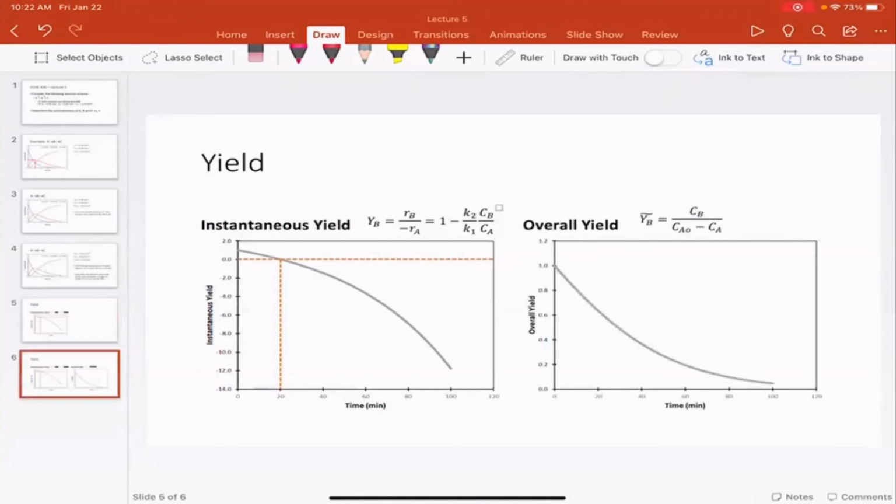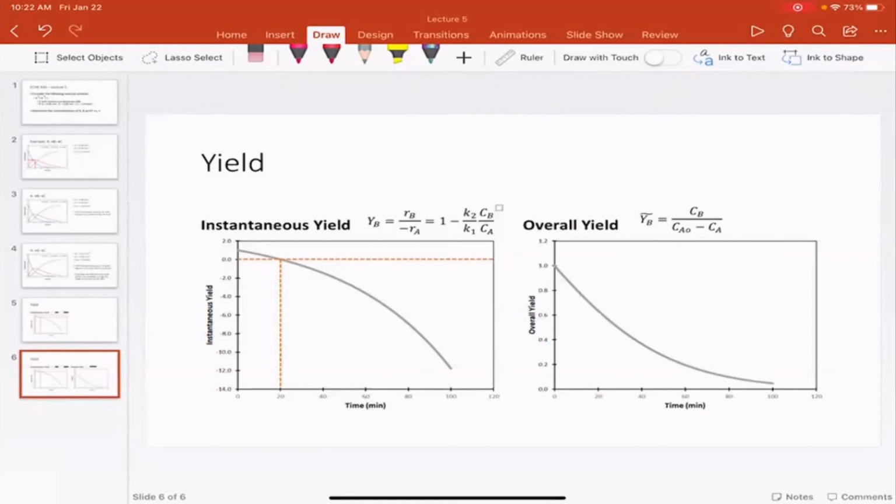Now, our overall yield is extremely high at the beginning because everything that we have formed in the reactor has become B, but B hasn't had any time to react yet. So basically all the A has become B. It's only after the concentration of B increases with time that you have that second reaction that occurs.